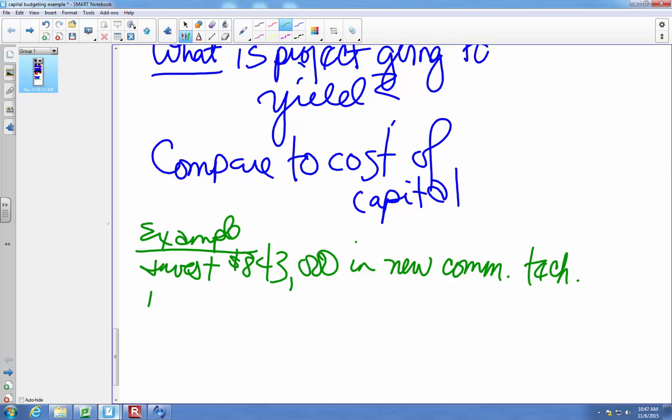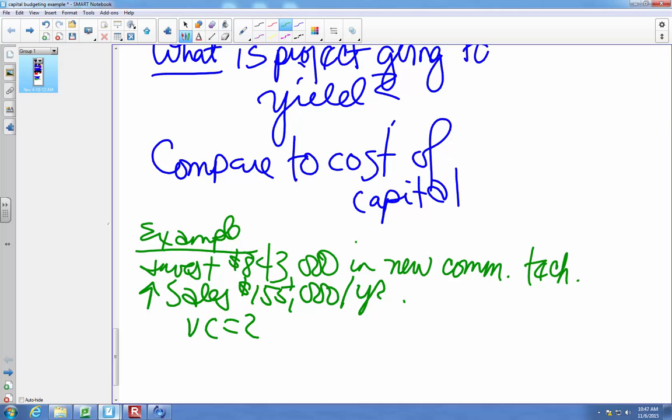I think it's going to increase my sales $155,000 a year. My variable costs are 20%. No additional fixed costs. It's a 10-year project.